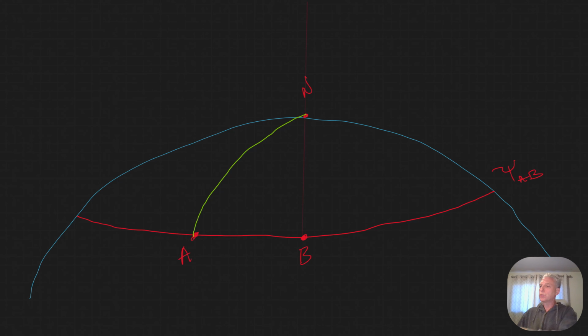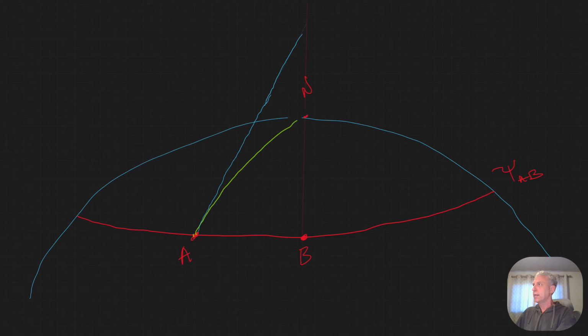If I were to draw a tangent line at A until it meets that prime meridian, I guess I could have drawn my, there, that's supposed to be tangent. There we go.